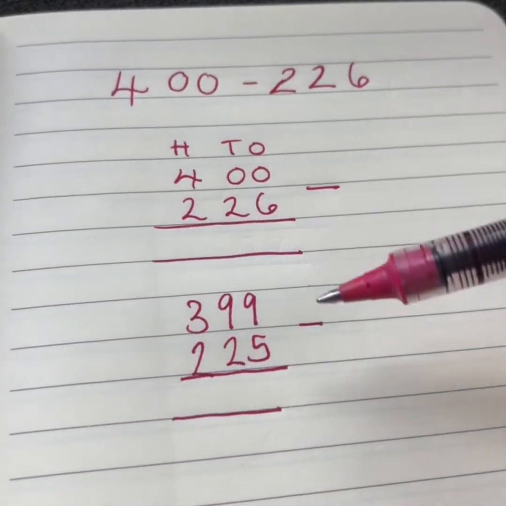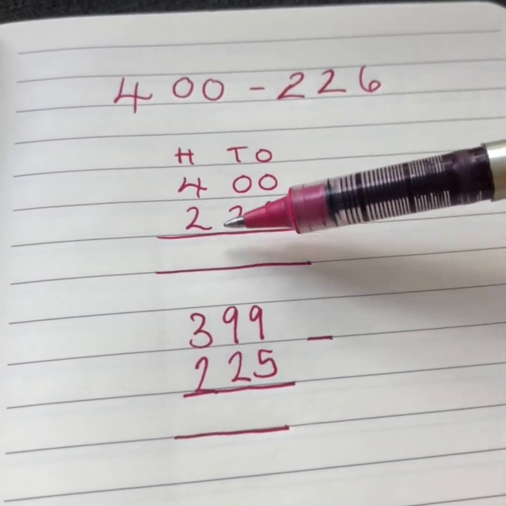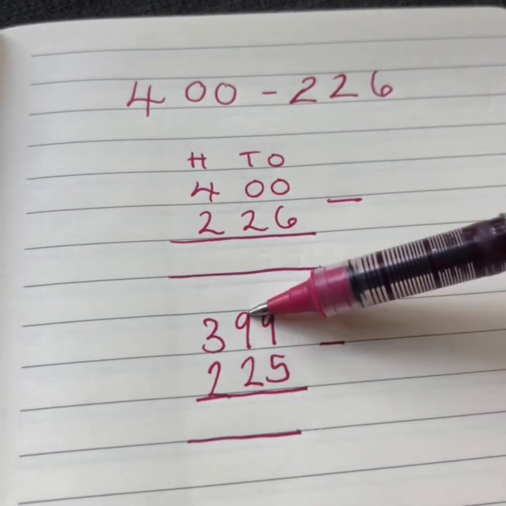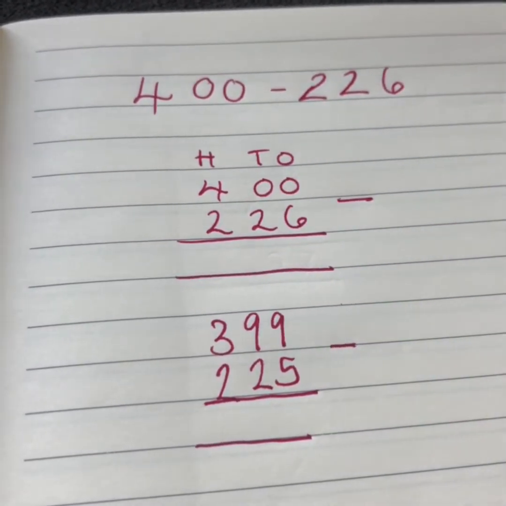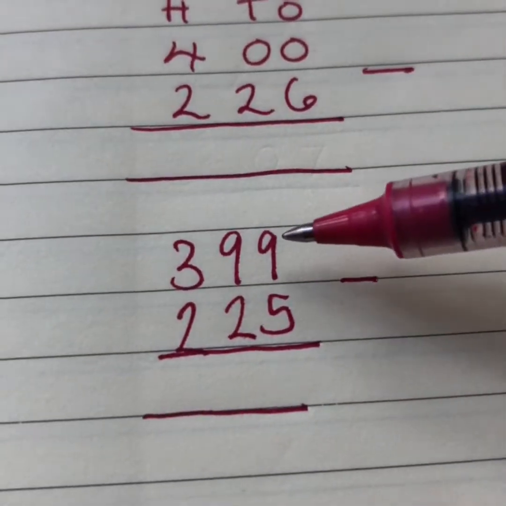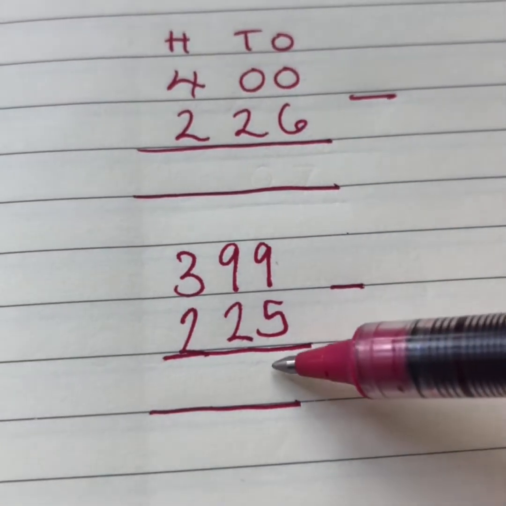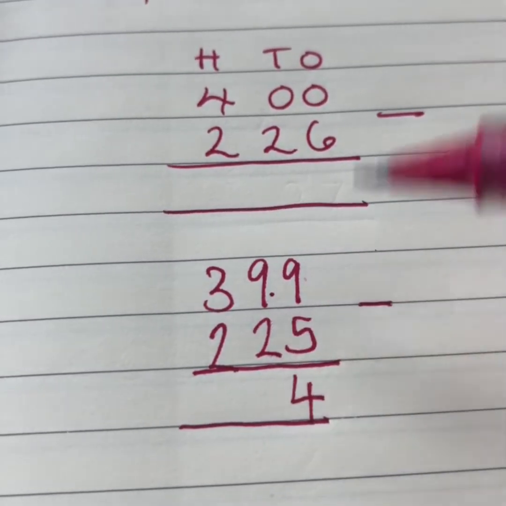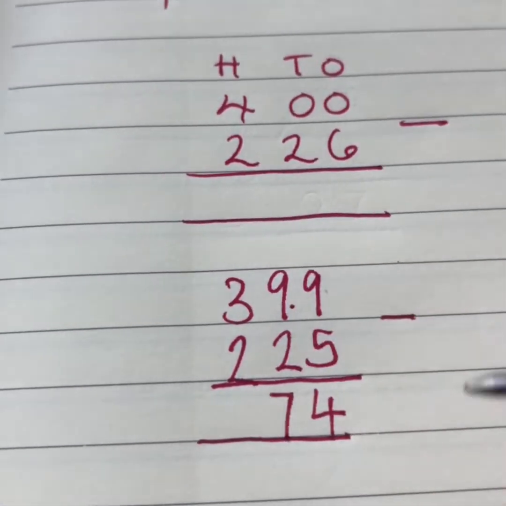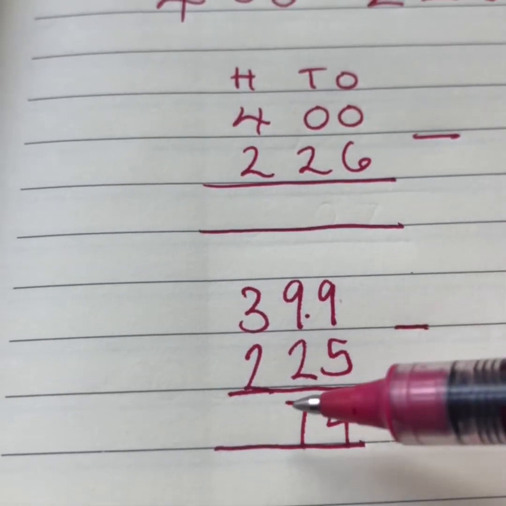It doesn't change the value of the difference between these two numbers, because this one's 1 smaller and this one's 1 smaller. So then we can do 9 take away 5, and 9 tens take away 2 tens, and 300 take away 200.